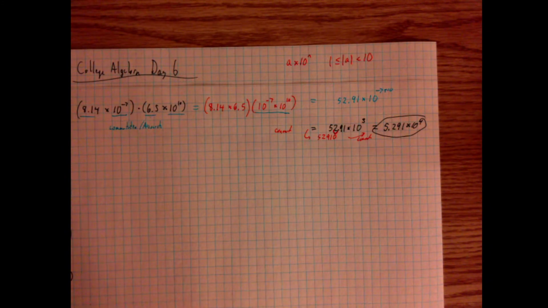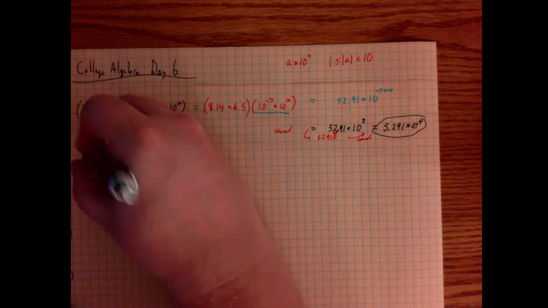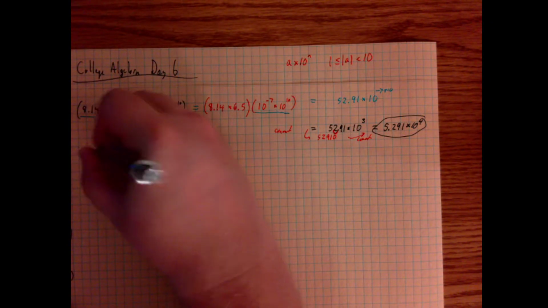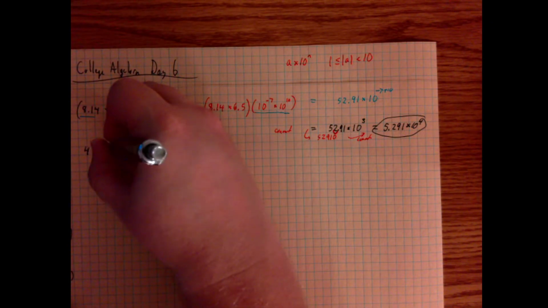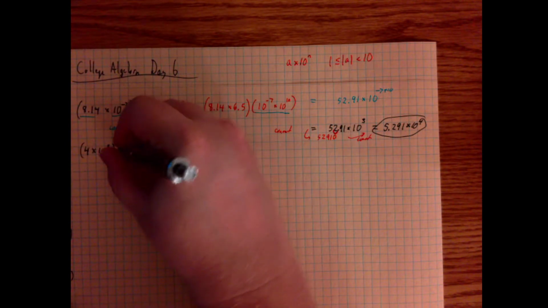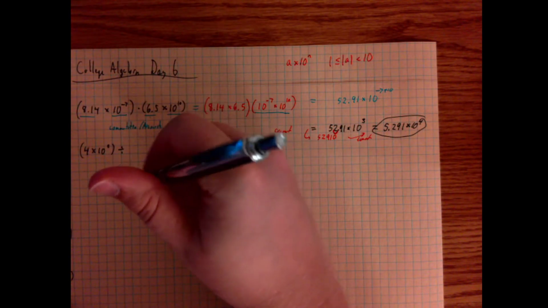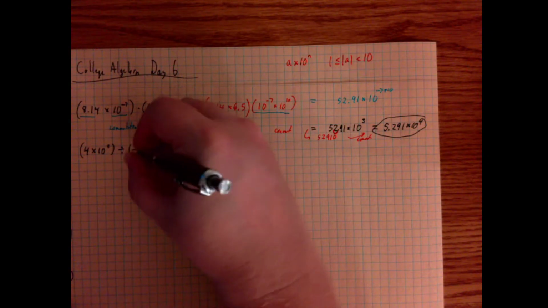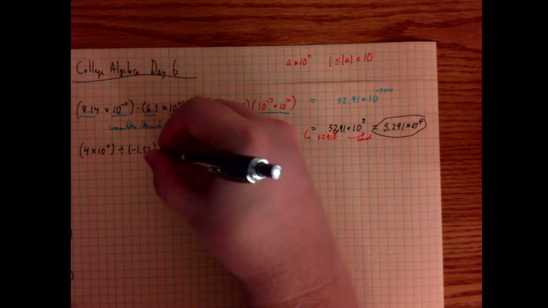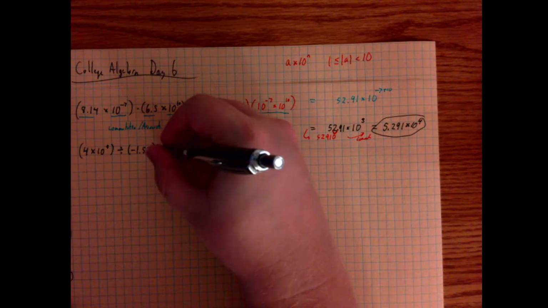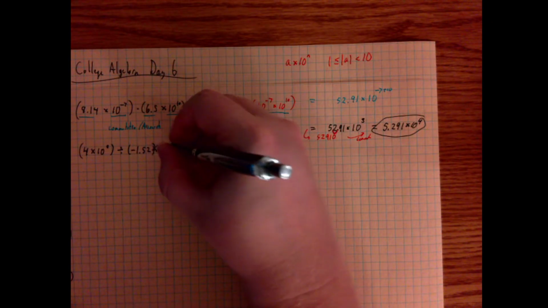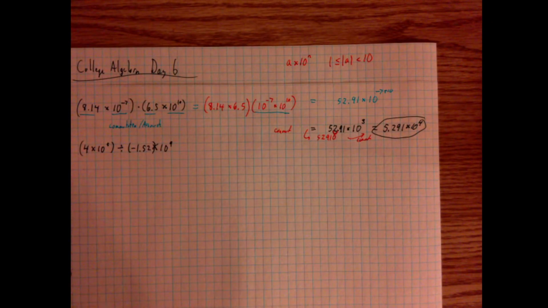In our second example, we have 4 times 10 to the 5th divided by negative 1.52 times 10 to the 9th.